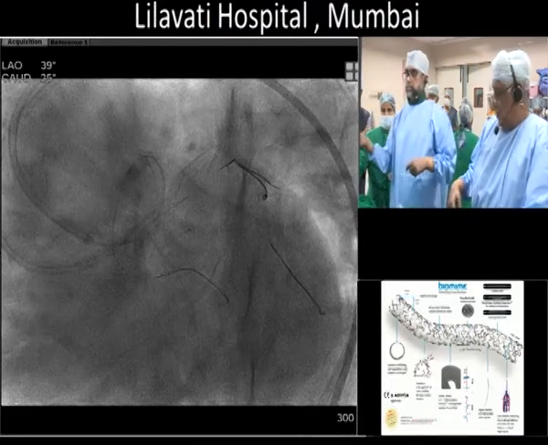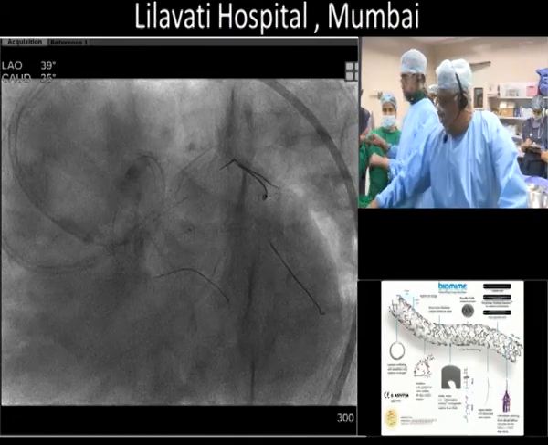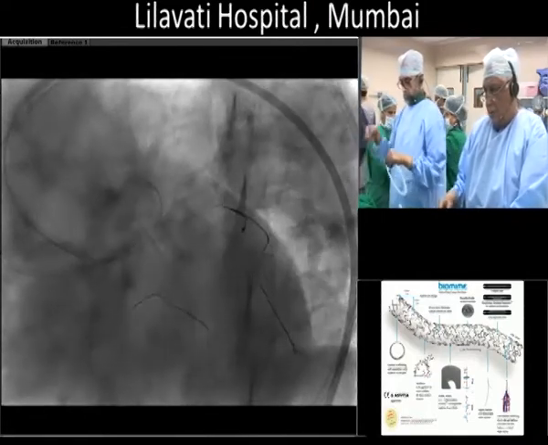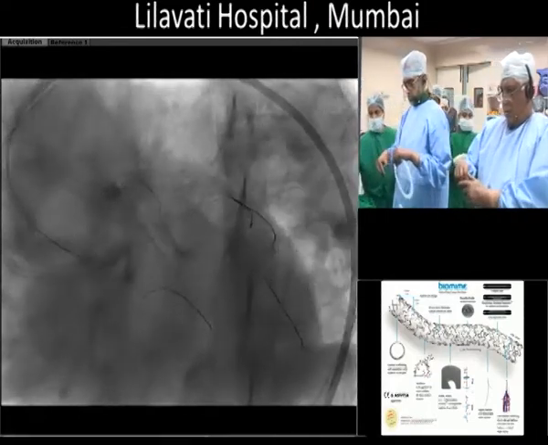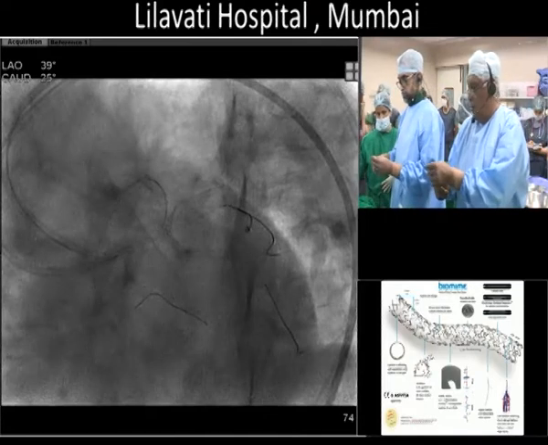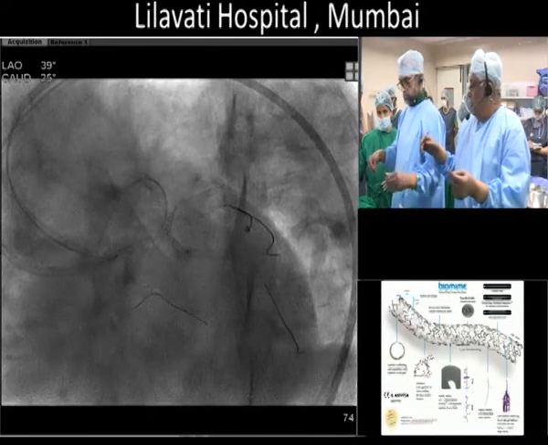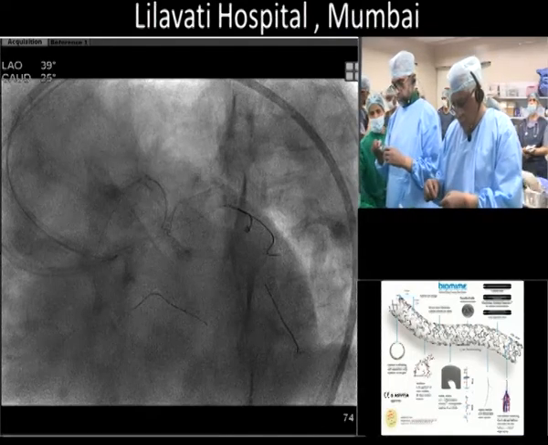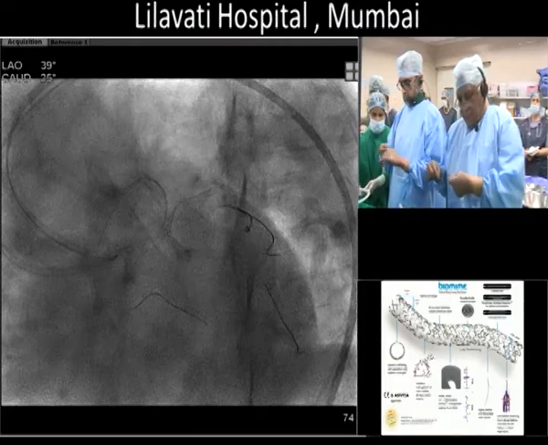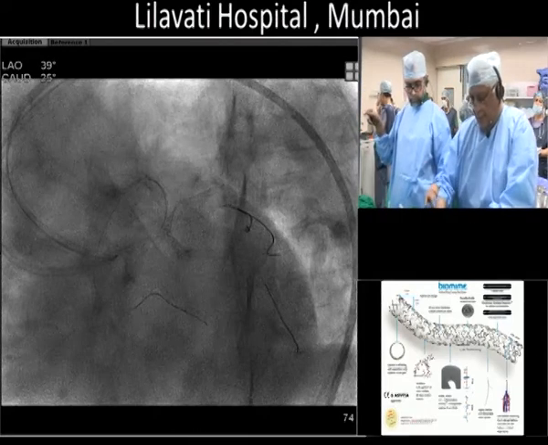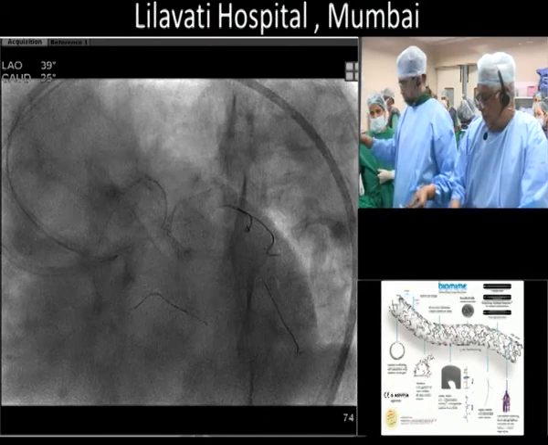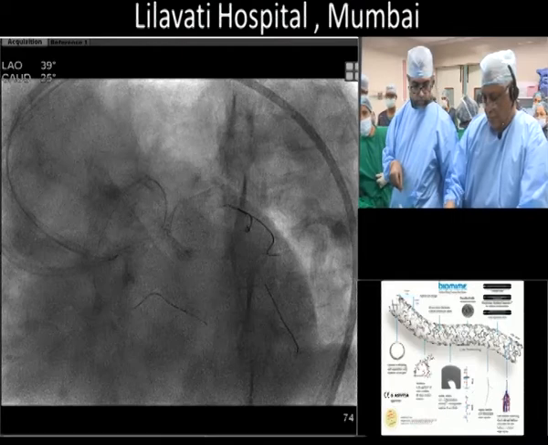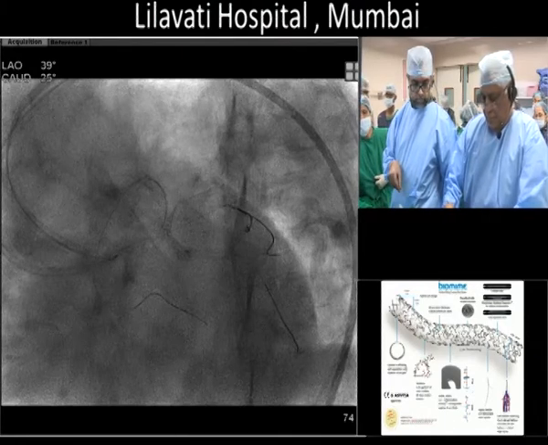So again, the downside about doing kissing balloons, or blocking balloon and then a kissing balloon, is that you can interrupt the side branch, and that's the price you have to pay. If you have a dissection, you have to stent. But I think the key thing is being ready, as Dr. Mathew has completely thought through this entire case well in advance of anything that could happen. He has bailout ready, and that's the only thing that's important in these cases. Everything else you'll execute just fine.